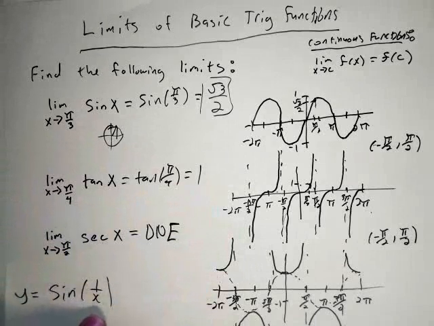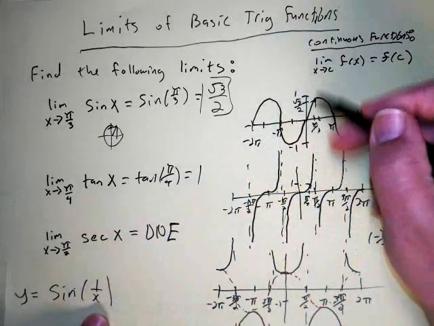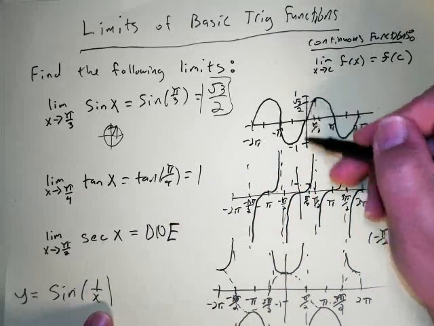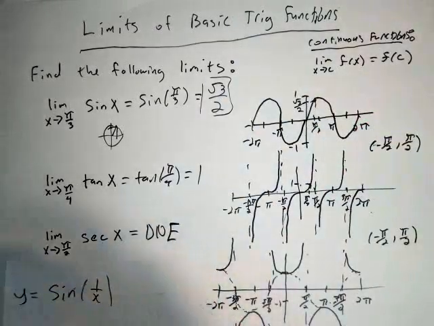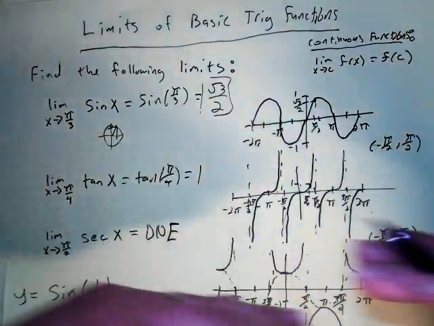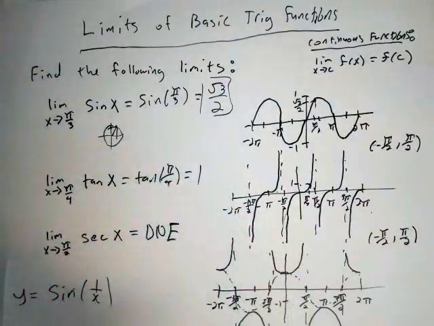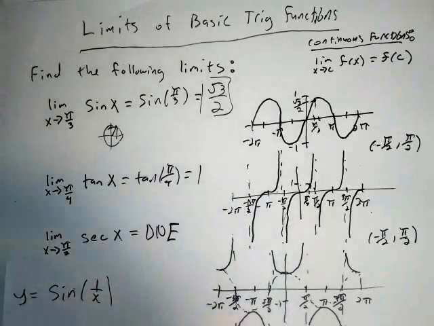That's what made it a little strange when we talked about limits. In fact, this thing would oscillate up and down infinitely as you got closer to 0, and so it never had a limit. It never stopped oscillating. So if it's one of the normal shifts that we did, you can evaluate and find limits. But if it's something else, you want to be careful, because the limit could be more complicated.